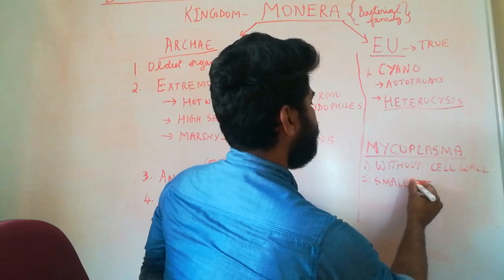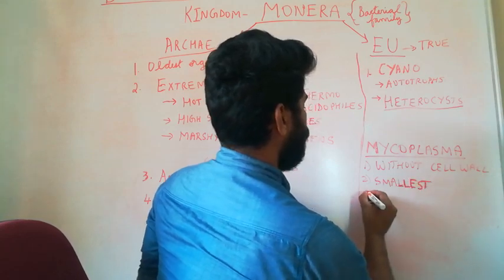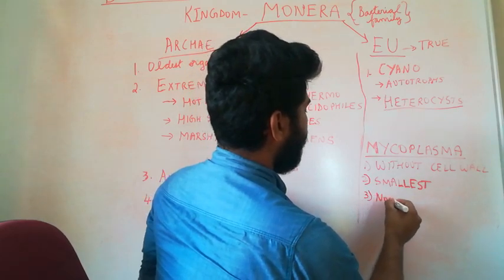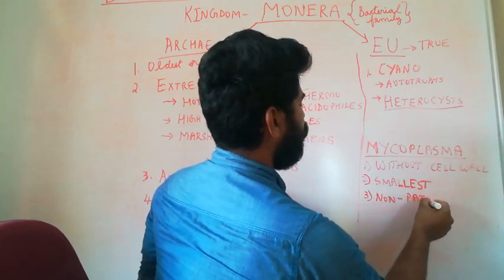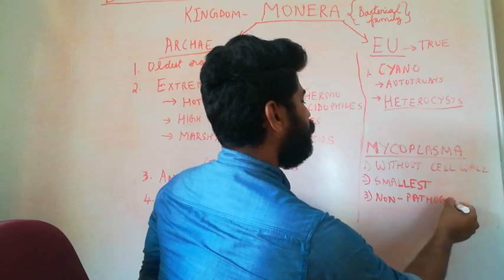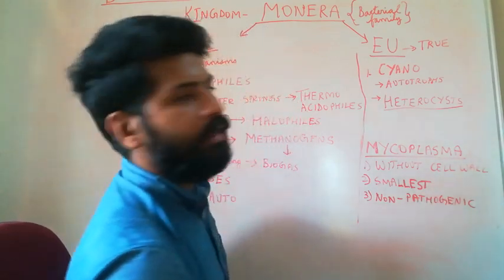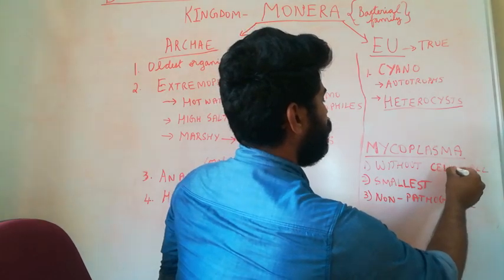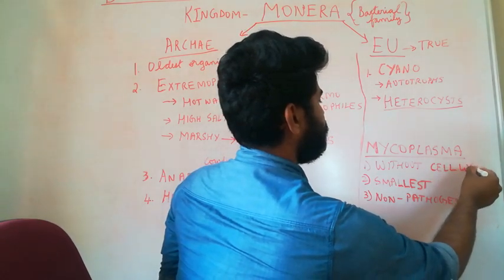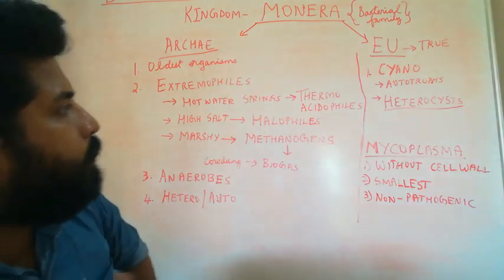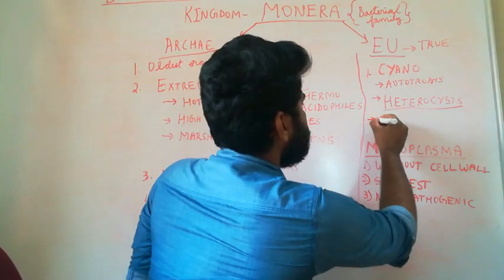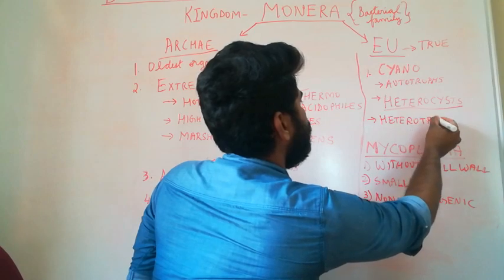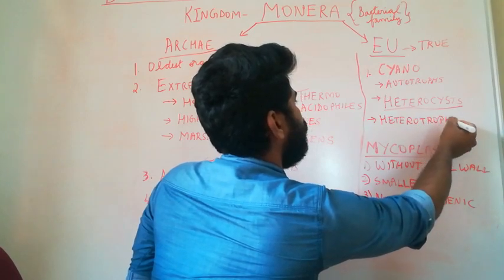Because they don't have any cell wall, and these are non-pathogenic. They are not known to cause any diseases in plants or animals. So these are non-pathogenic. And of course there are heterotrophs also here.